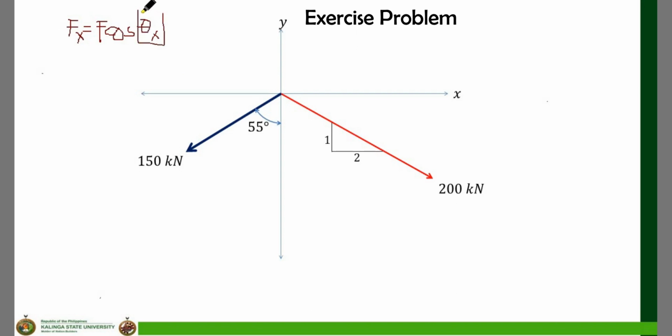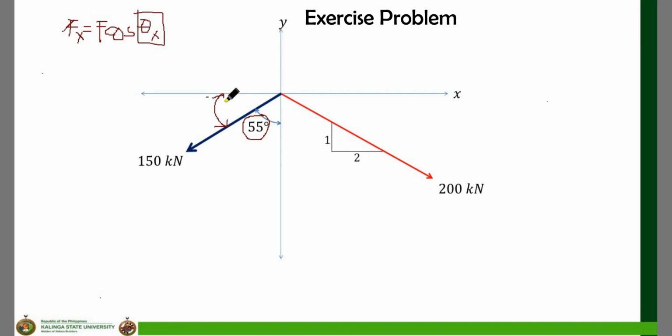Diba in our discussion, this theta x is the angle of inclination from what axis? The x-axis. So, from this equation, you cannot use 55 degrees. Kasi yung 55 degrees, that is from the y-axis. So, before I can use this equation, I have to determine the theta x, which is this angle.